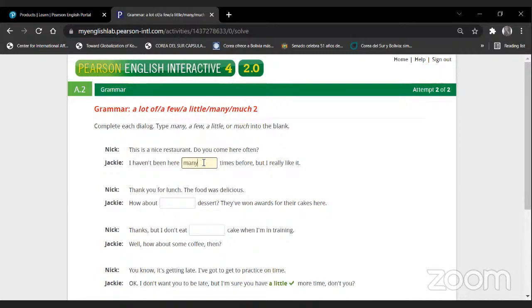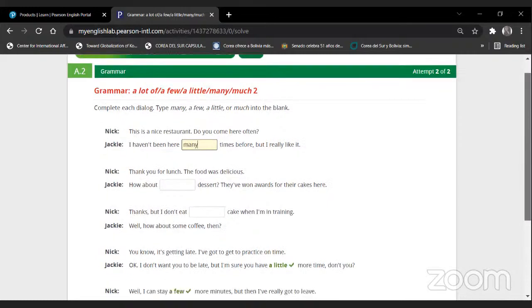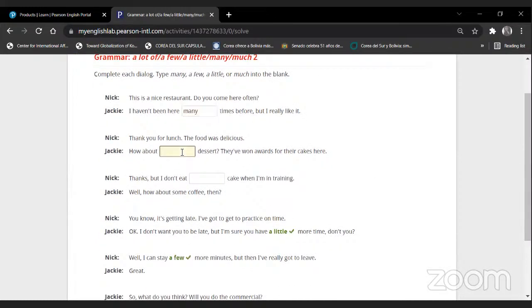He was many times before, right? Yes, or like because times is countable in this case. Yes. Okay. A little dessert. Much cake.